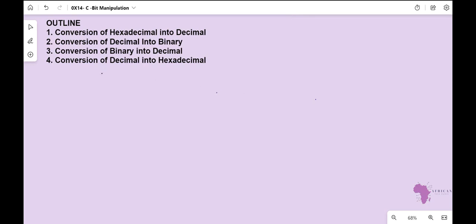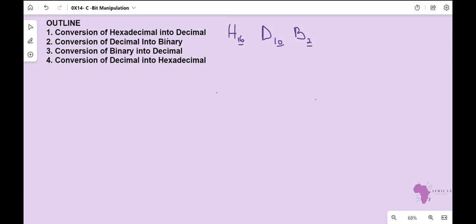First of all, you have to understand that a hexadecimal number is to base 16, but a decimal number is to base 10, while binary numbers are to base 2. So that's the difference between the three types of number system that we're talking about today. So we have base 16, base 10, and base 2.